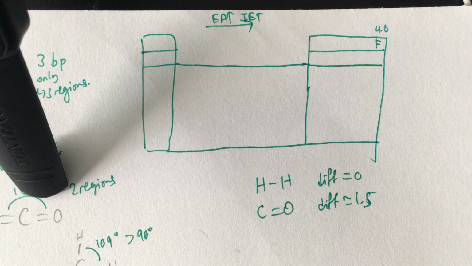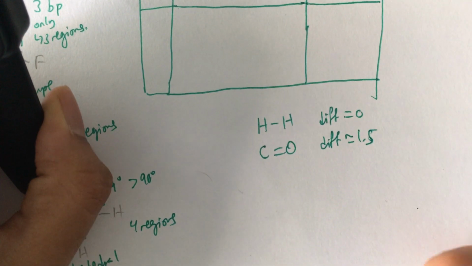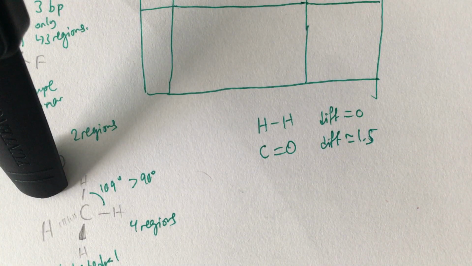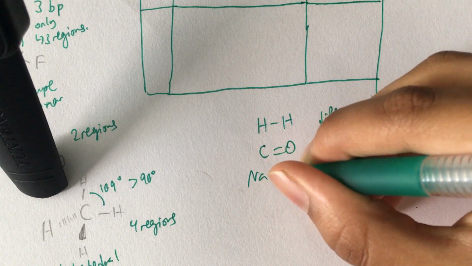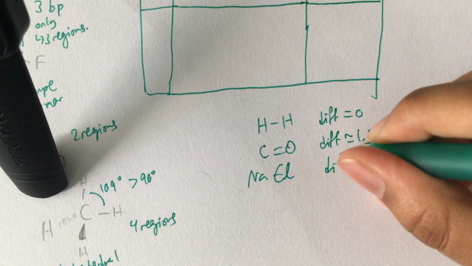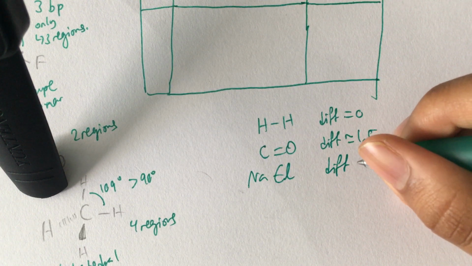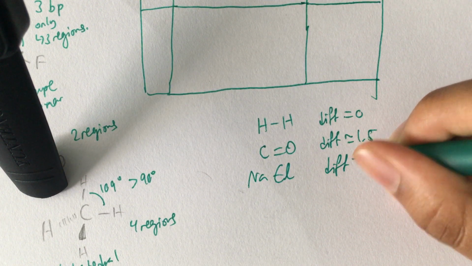So you find the difference between the electronegativities. In an ionic compound, for example sodium chloride, the electronegativity difference is very huge, so it's actually ionic. The more electronegative atom will take electrons from the less electronegative atom, and therefore it permanently becomes an ionic bond.